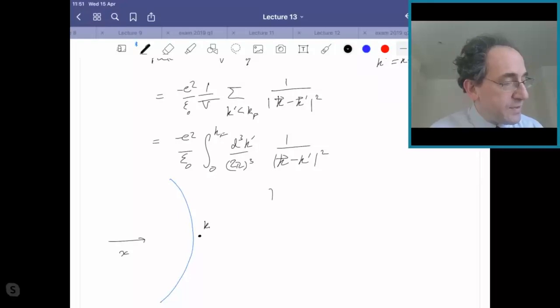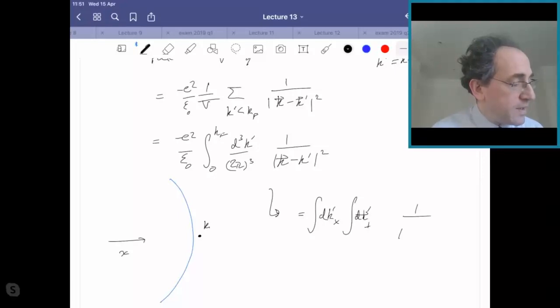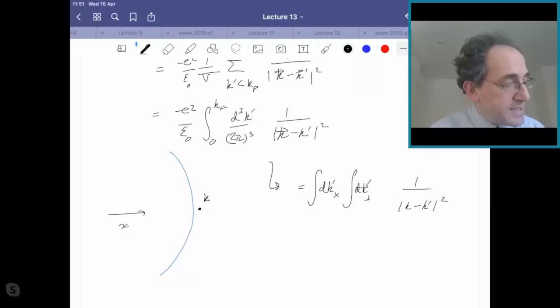We can rewrite this integral as dk prime x, taking k prime in the x direction, and then dk prime in the other two directions, which I'll write as dk prime perp, and then 1 over k minus k prime squared. k prime x can go from minus kF to kF, and then k perp will go from 0 to the square root of kF squared minus k prime x squared.